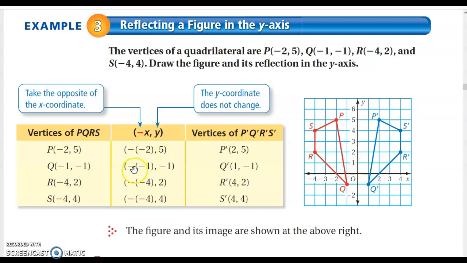That does not change. Same thing happens here. -1 times -1, 1. -1 times -4, 4. -1 times -4, 4. One more time. And then once you plot these coordinates, you have your reflected image. So again, this is your pre-image, your reflected image, which again is notated with the prime indicator.